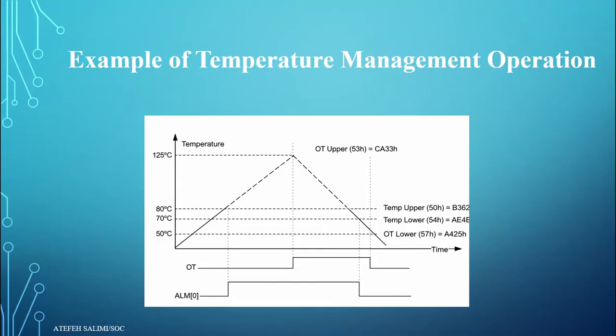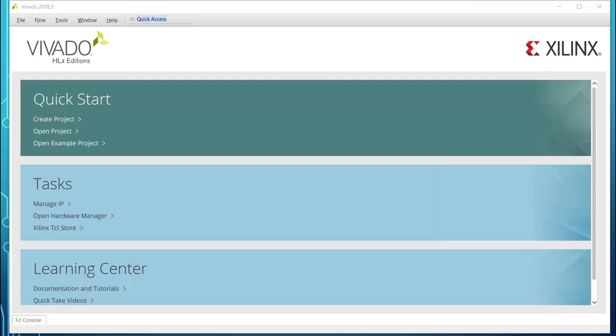This mechanism enables accurate and automatic monitoring of critical temperature conditions, allowing the system to respond promptly and reliably. In the next step of this tutorial, step by step, I will show you how we could create a project to include interrupt while using XADC and while trying to read the data of this XADC.